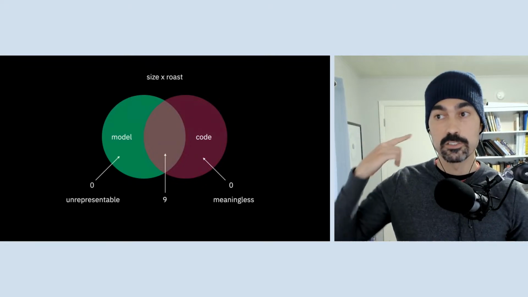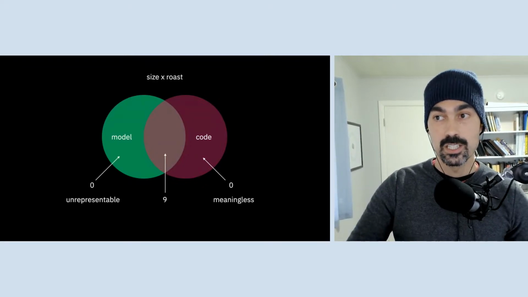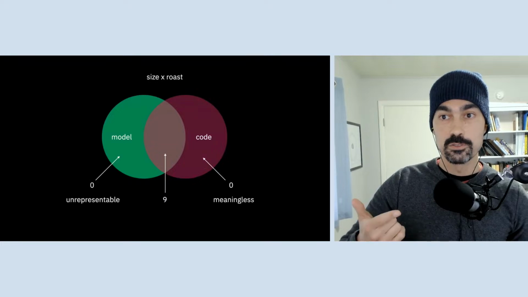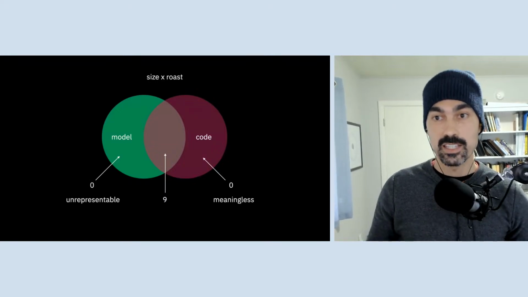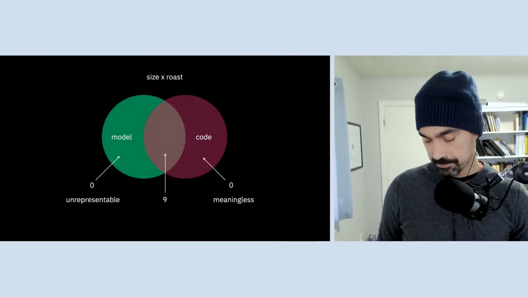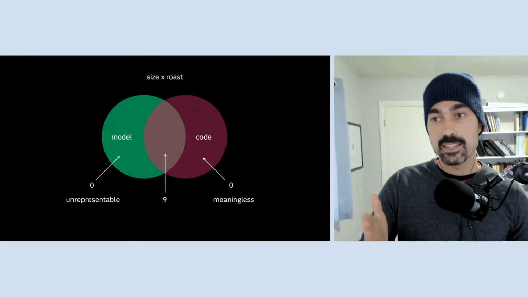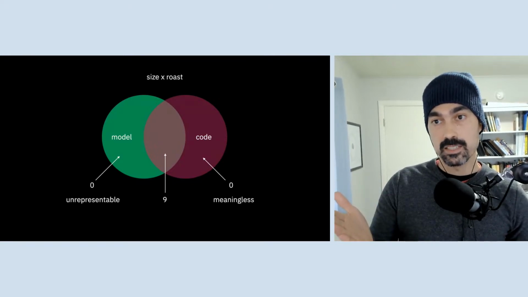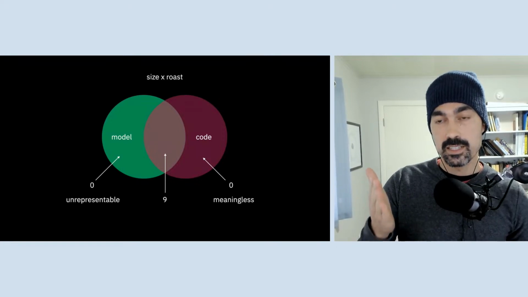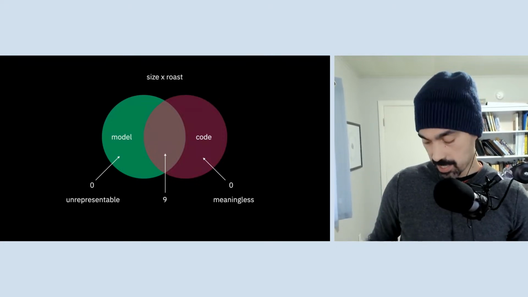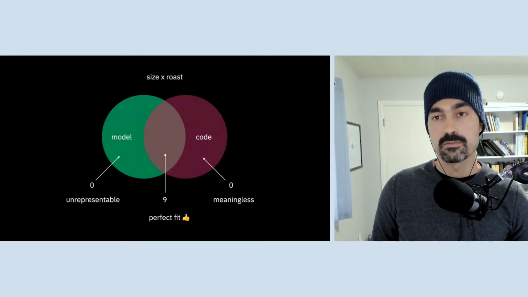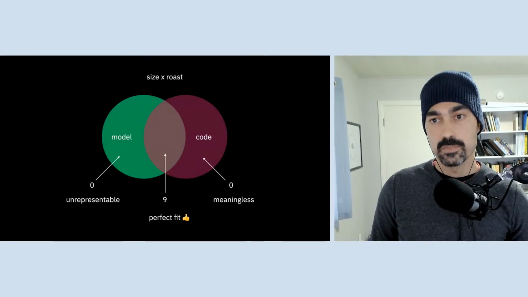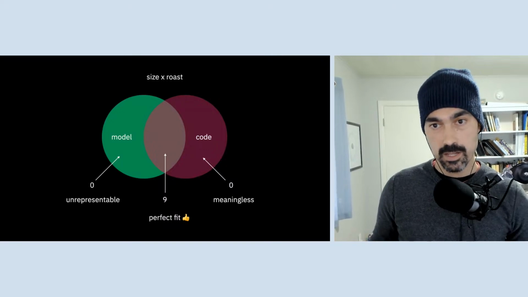And in theory also, there are things in your model that you can't write in code, because your type won't allow it. In this case, we have 0 unrepresentable things and 0 meaningless things. Everything we can represent is in the intersection. So this is perfect fit, where your model and your code correspond perfectly.